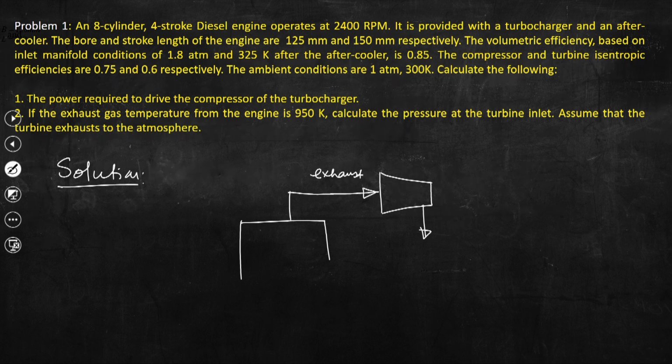Then it is given that the turbine exhausts to the atmosphere. So, this is turbine exhaust. The small turbine will now operate the compressor.